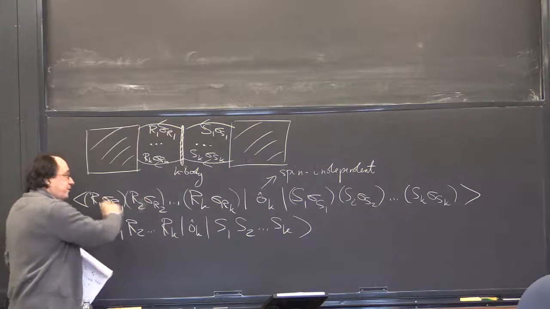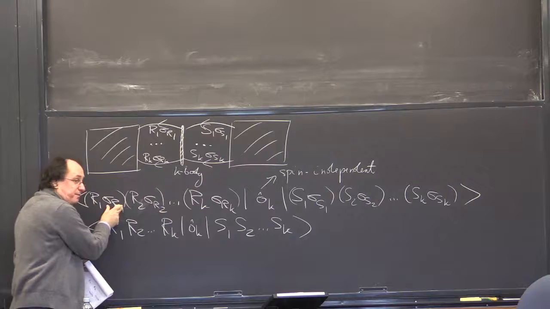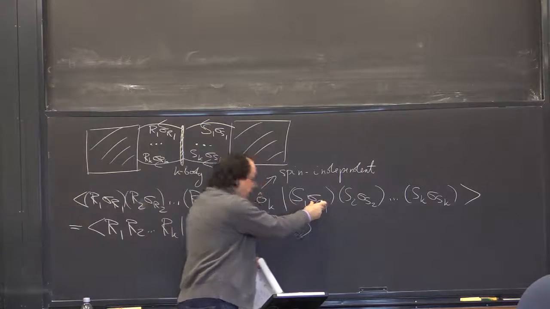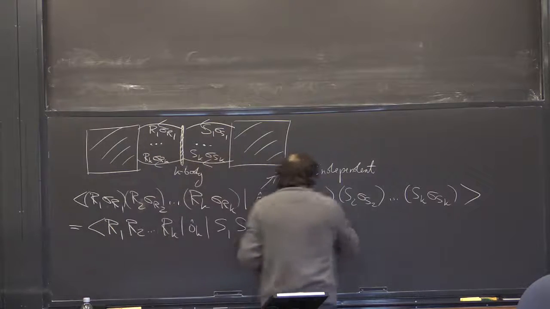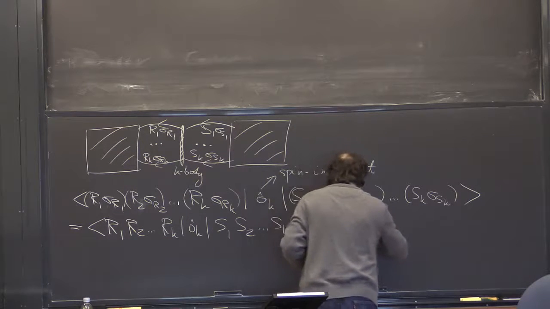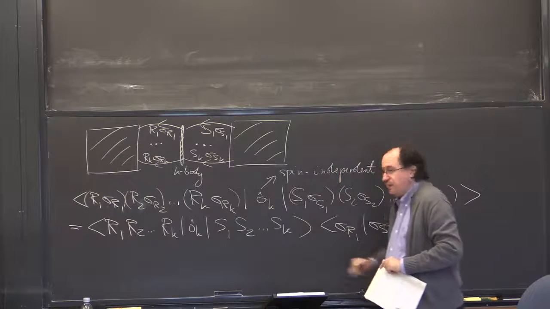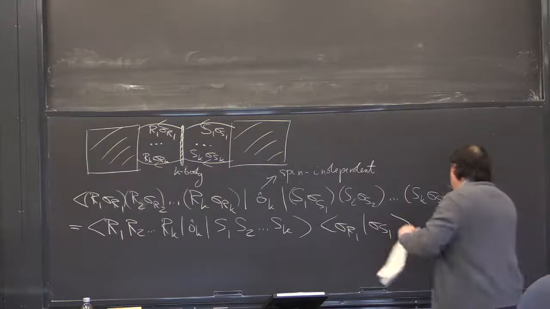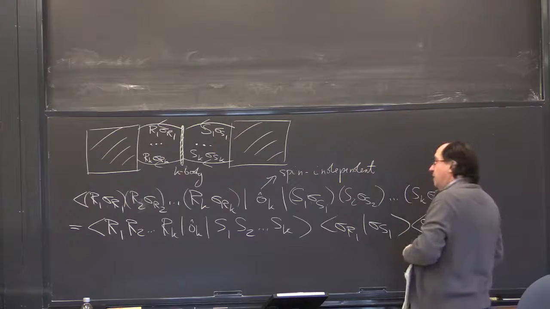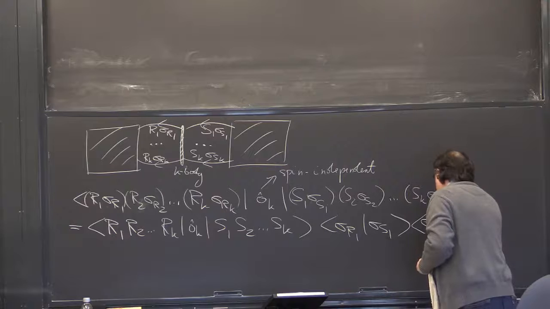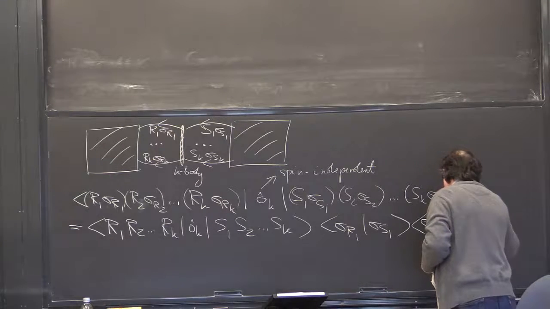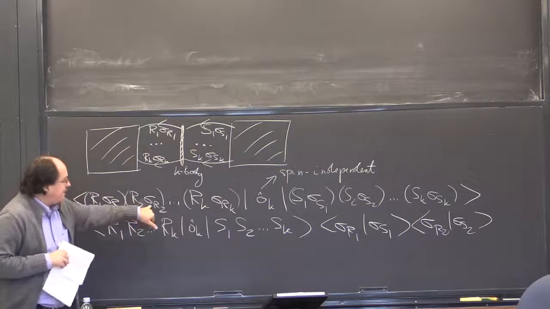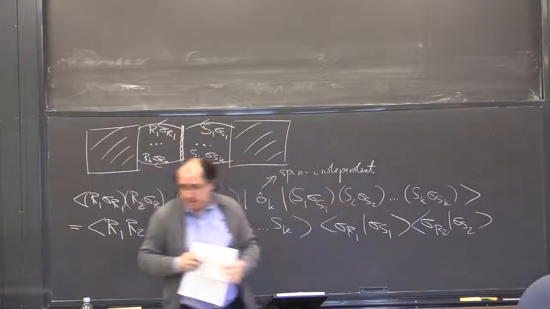If you look at this expression, this is the spin of, say, particle 1 in our integration running into the spin of this particle 1. So I will end up with a Kronecker delta, sigma R1, sigma S1. As you can see, I'm bypassing OK because OK doesn't act on the spin, so I don't have to worry about it. Then I'll have a similar Kronecker delta, which involves the inner product of sigma R2 and sigma S2. We just take the spin of the second particle and the spin of the second particle here.